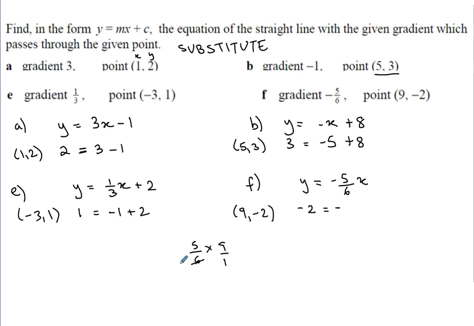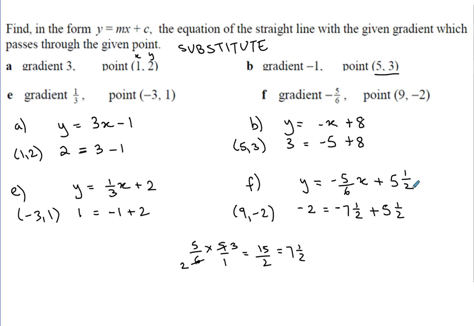So 3 goes into there twice, 3 goes into there 3 times. So we've got 15 over 2, which is 7.5. So we've got minus 7.5. And what do we add to that to get minus 2? So we'll have to add 5.5. Okay, so that is your equation.